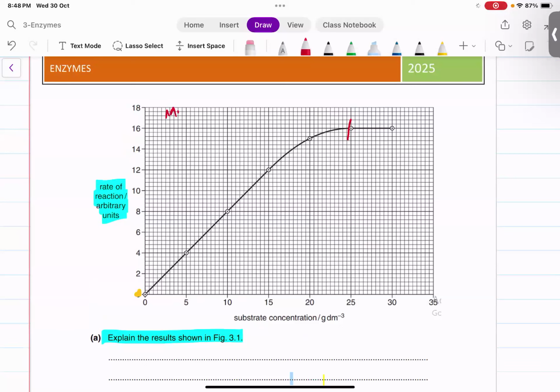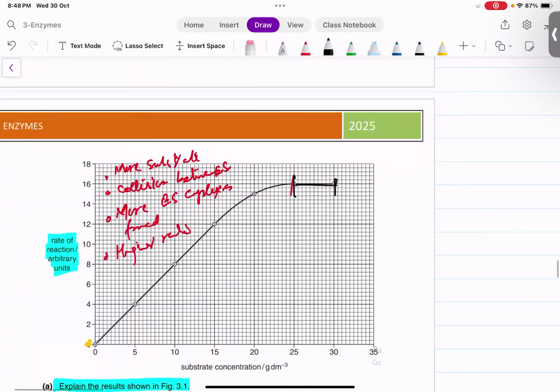So more substrate, more collisions between substrate and enzyme, so more ES complexes formed and a higher rate. And from this point onward, this is Vmax, 100% of enzymes making ES complexes.